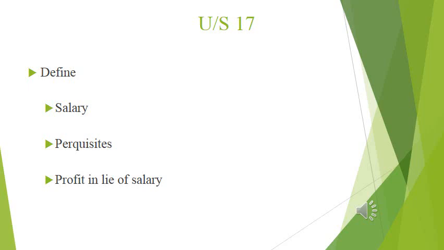All these consist of profit in lieu of salary. So in total, salary, perquisites and profit in lieu of salary consist of the definition defined under section 17 as salary. So it is very clear, the scope of salary under section 17.